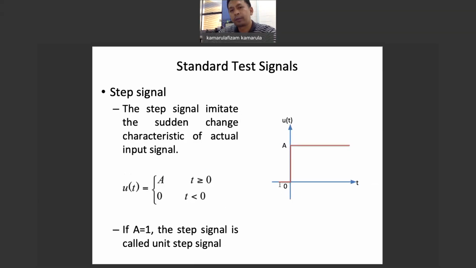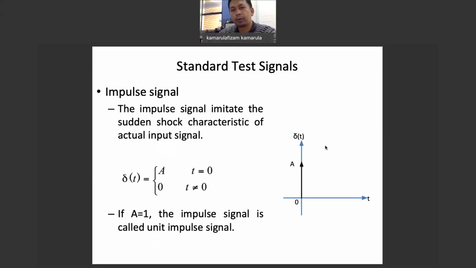You can see from this graph, before t equal to 0 the output is 0. After t equal to 0, the output is constantly A. If A is equal to 1, the step signal is called the unity step signal. So this is impulse, where we observe only one pulse at t equal to 0.